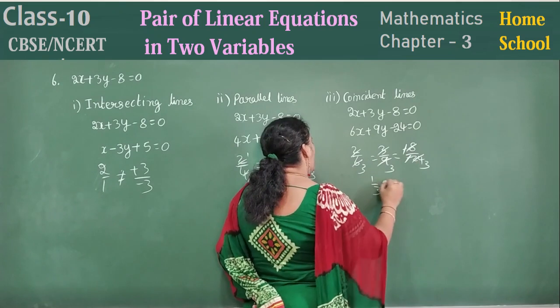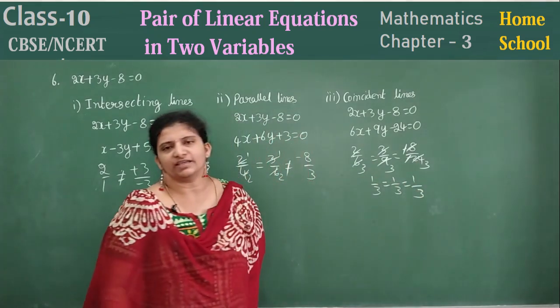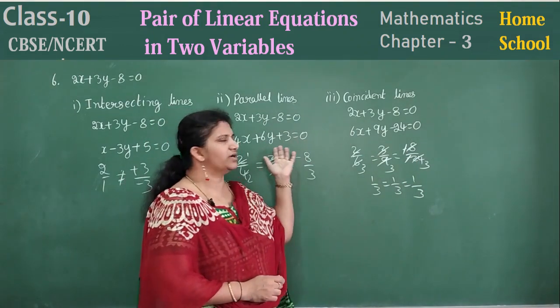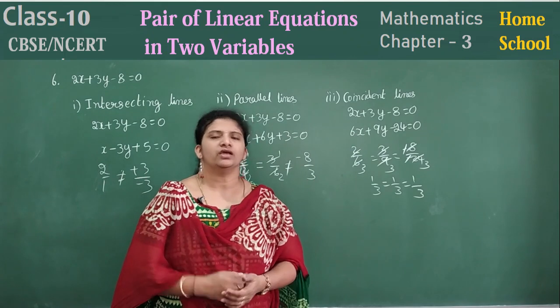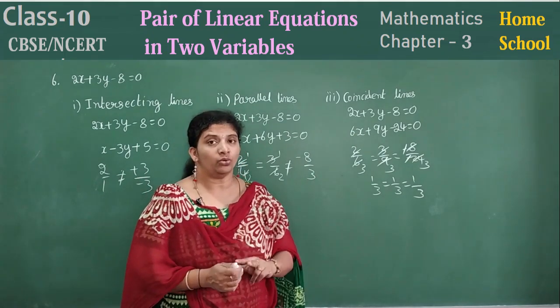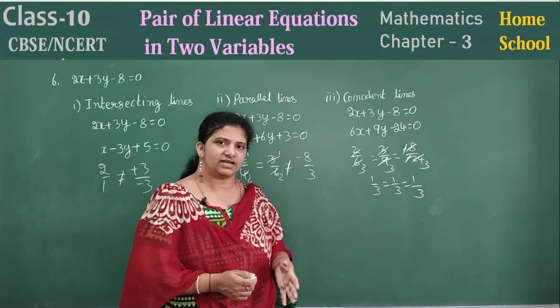That means all the ratios are equal. Therefore, the lines formed will be coincident. Like this, not only the equation I have written, children, you can frame any other equation, but the pair of linear equations should form intersecting lines, coincident lines, or parallel lines.